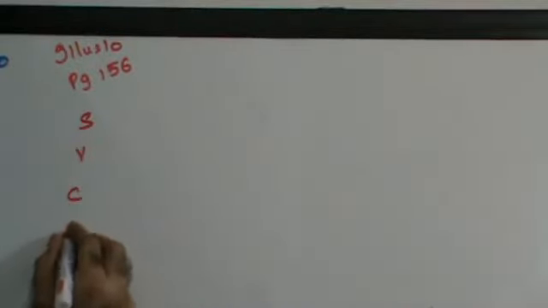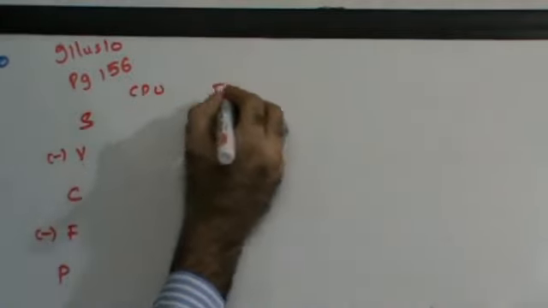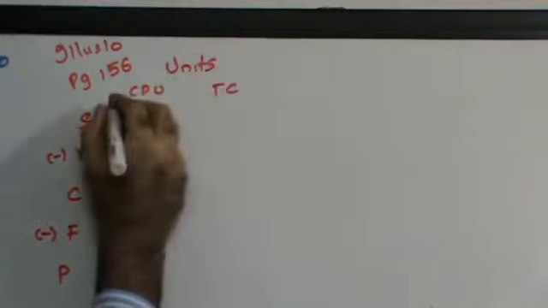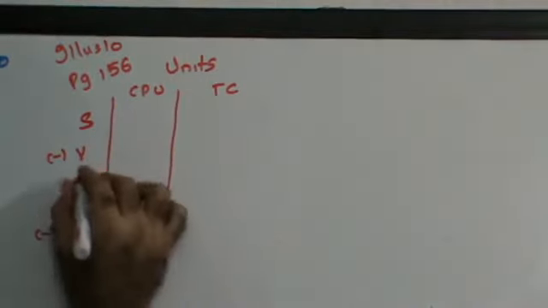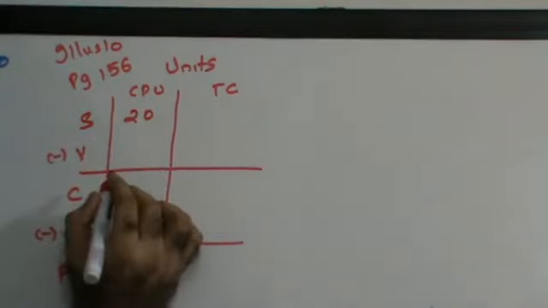Illustration 10, page 156. First, let's make the table S, V, C, F, P. CPU, TC, units. Now, they say that find from the following data the break-even point, number of units that should be sold to earn a profit of 1,60,000 if the selling price per unit is 20.